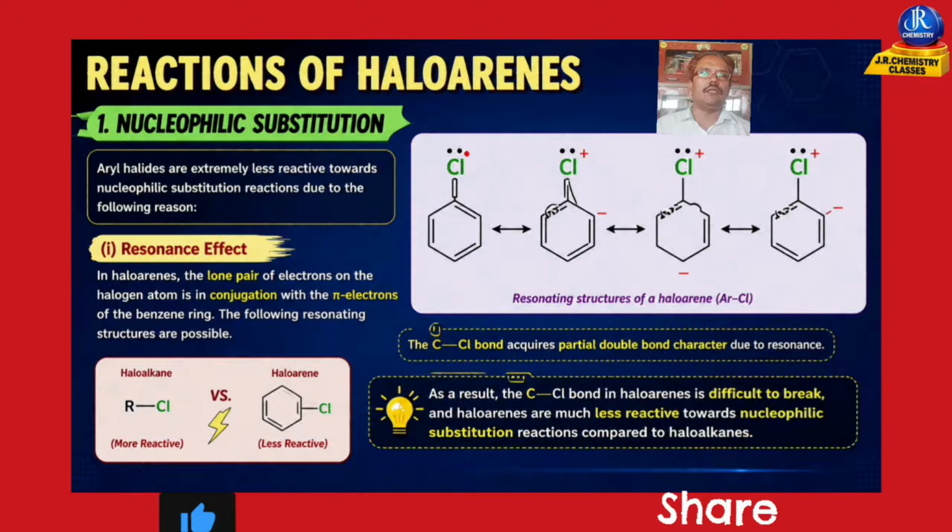In haloarenes, the electron pairs on halogen atom are in conjugation with pi electrons of the ring, and according to the figure, resonating structures are possible.